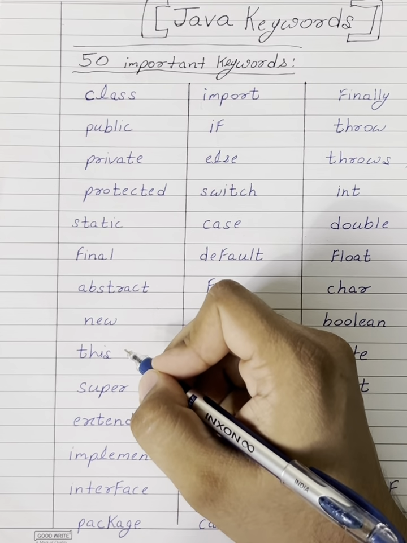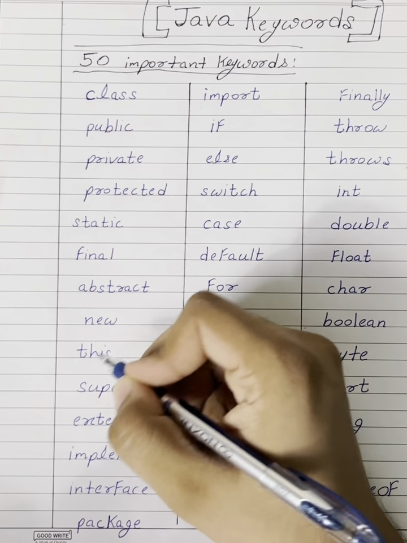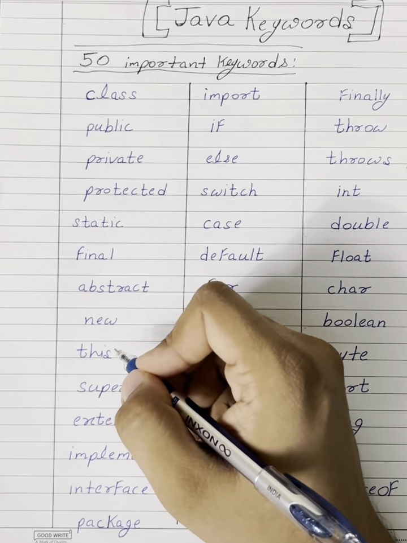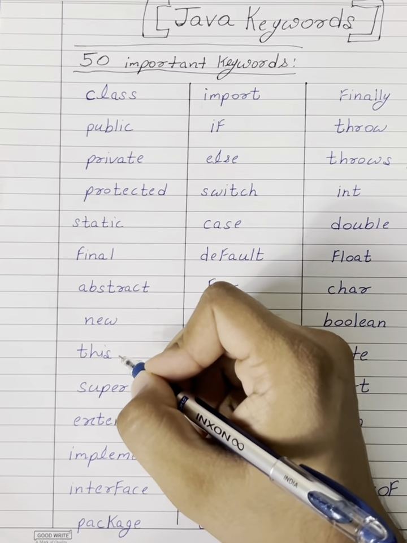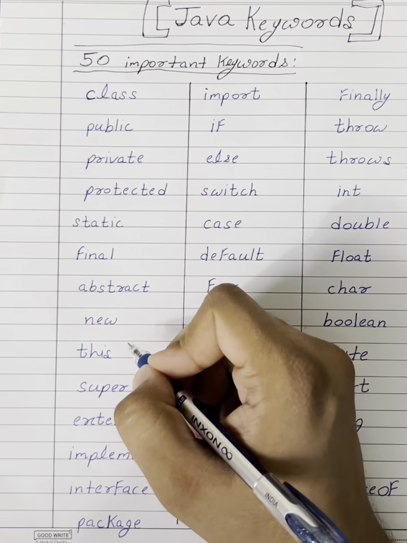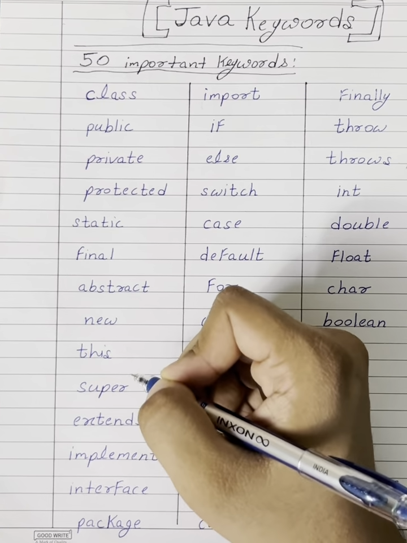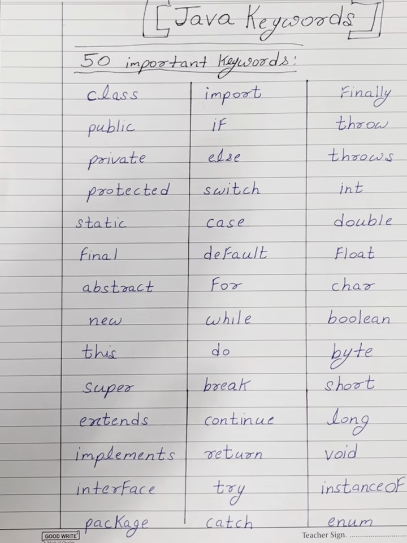In addition, this can be used to call another constructor of the same class, and it can invoke the current class method or pass the current object as an argument to another method.